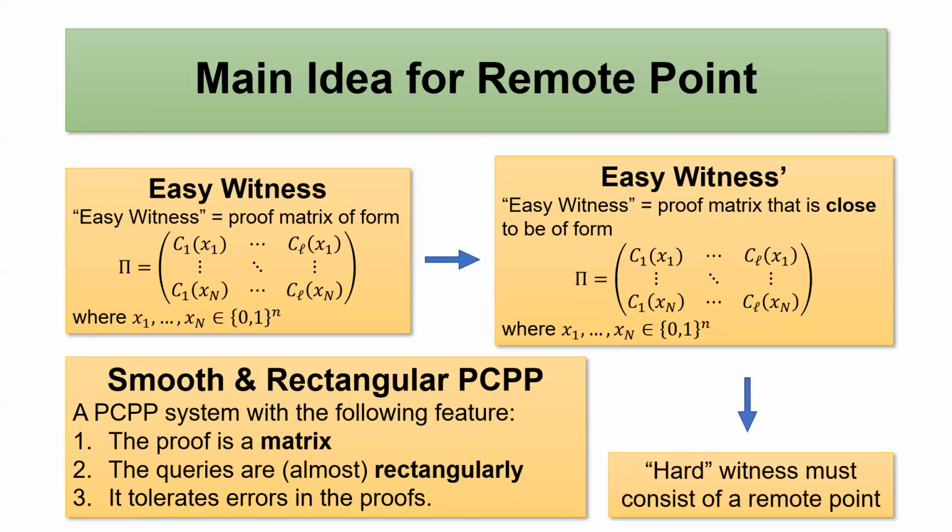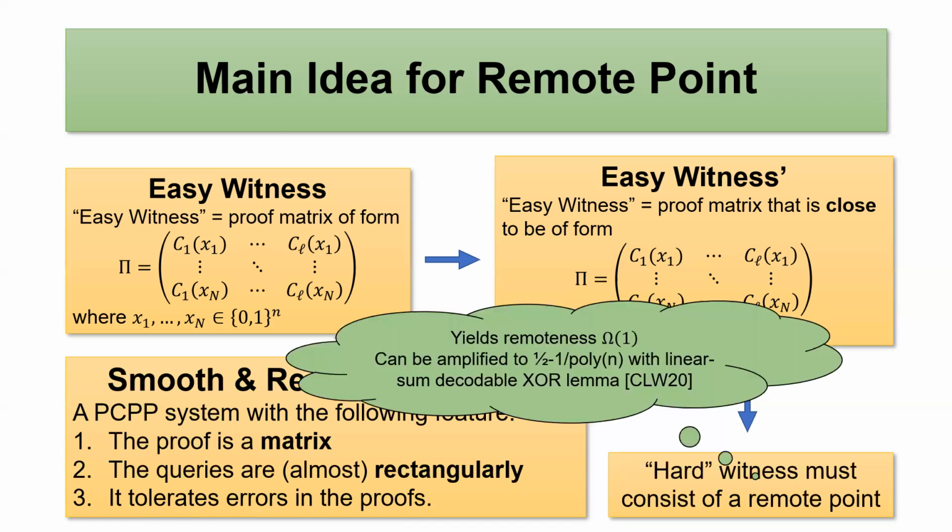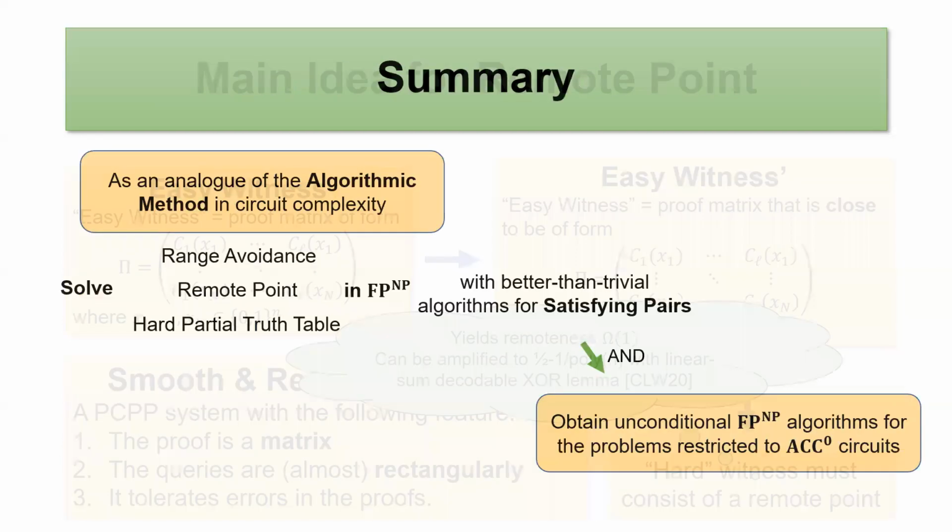Now, with such a definition of easy witness, a hard witness will contain a remote point. The remoteness we have is constant, but we can amplify it to 1/2 minus 1 over polynomial n with an XOR lemma in COW20.